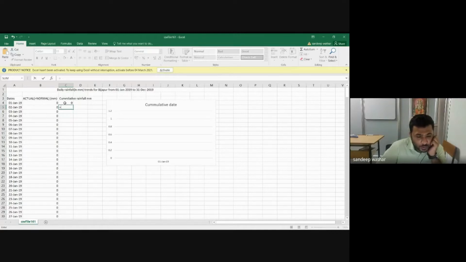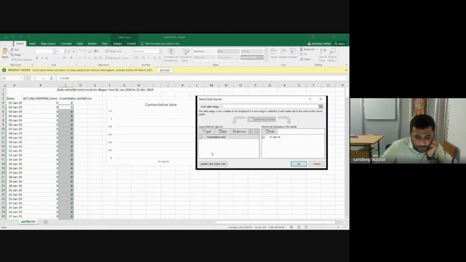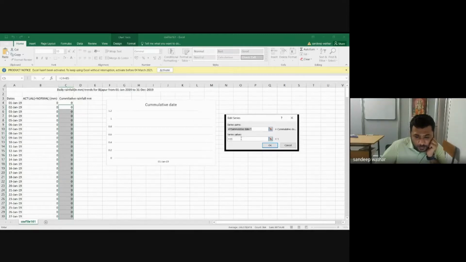So here what I'll do is add this value with the next value of actual rainfall. Hmm. So I have solved the cumulative rainfall. Now I'm going to select the data. So edit this value itself.